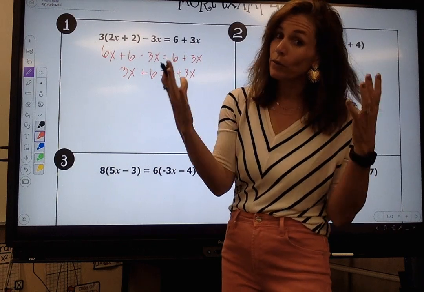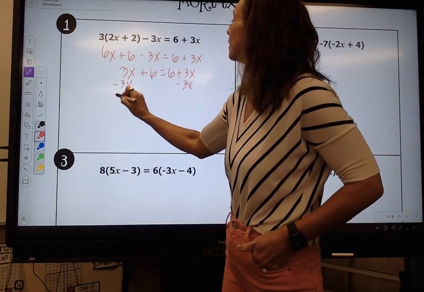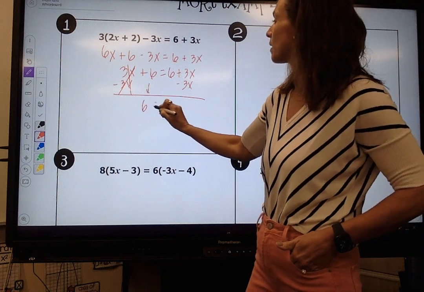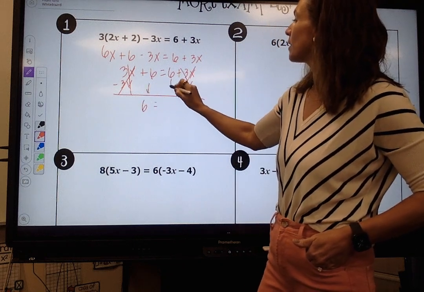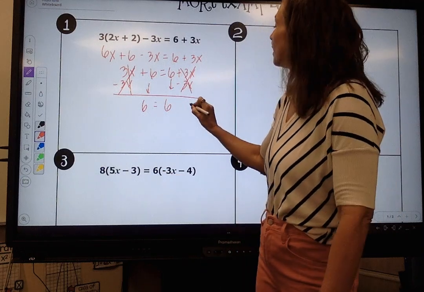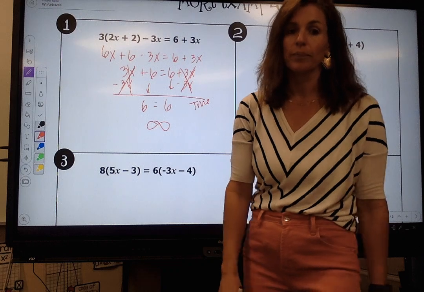I like to move my variable term to the left, so I'm going to subtract 3x from both sides. My variable term cancels out and leaves me with positive 6. My variable term cancels out and leaves me with positive 6. I look at the truth statement. This is a true statement, so I have infinitely many solutions.